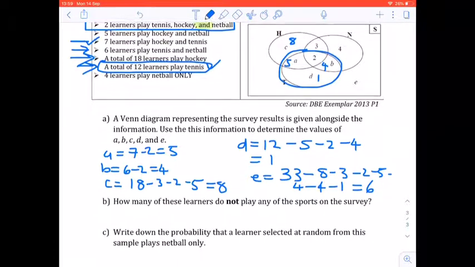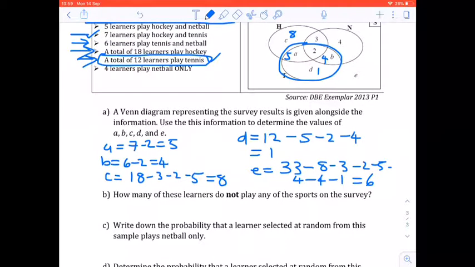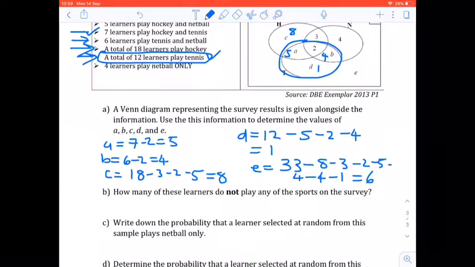The next question as part of this is how many of these learners do not play any of the sports on the survey. So that's asking for a number. That number corresponds to E, so that would be 6. 6 learners. Next question, write down the probability. So you need to read these questions carefully. The last question was asking how many of the learners, whereas this now in C is asking probability.